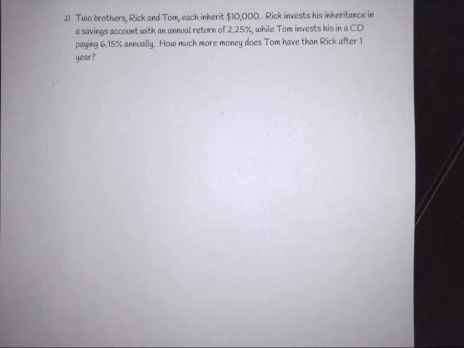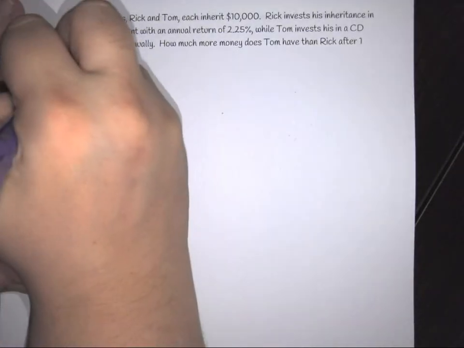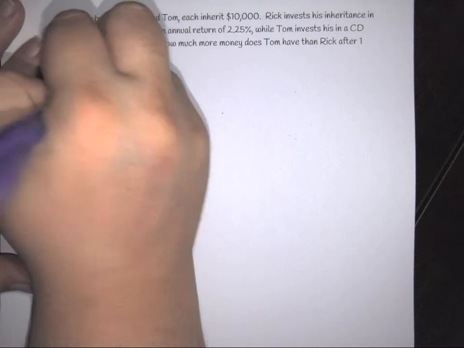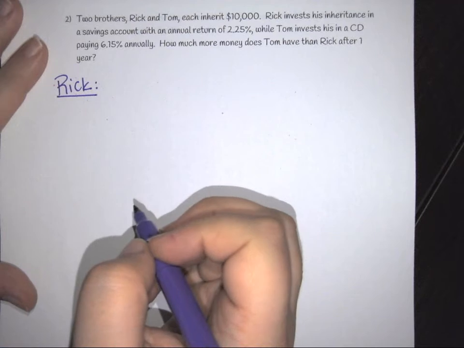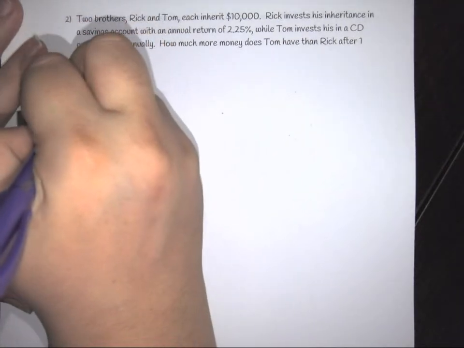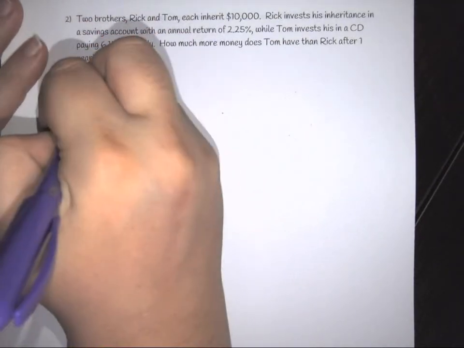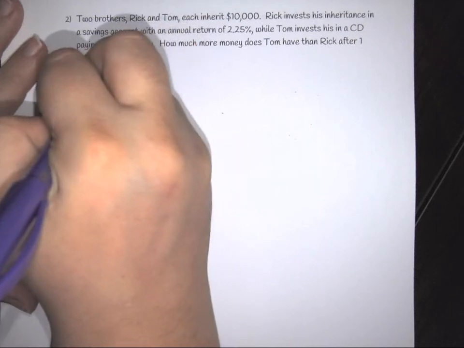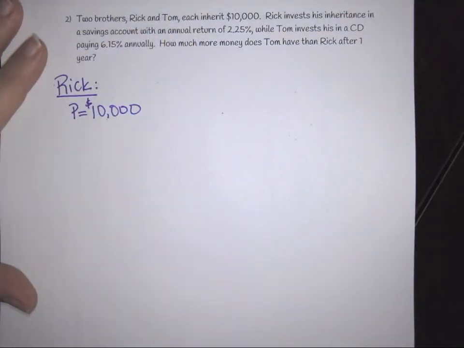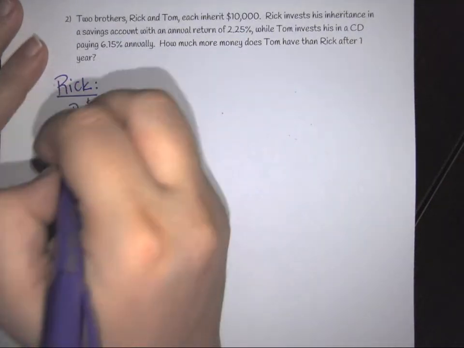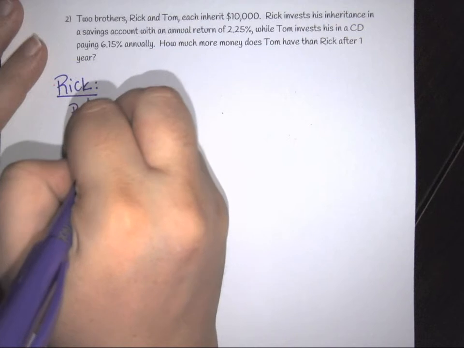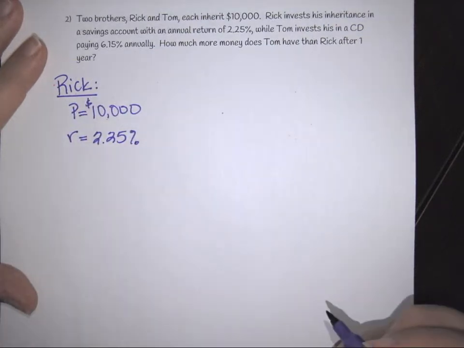So I have to set these up. The first thing I have is Rick. I need to look at what Rick has. I know that he inherits $10,000, so his P, or principal, is that $10,000. I also know that his rate is 2.25%, which I have to change to a decimal.